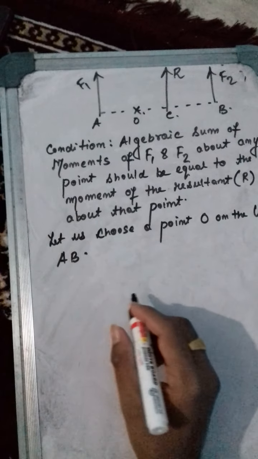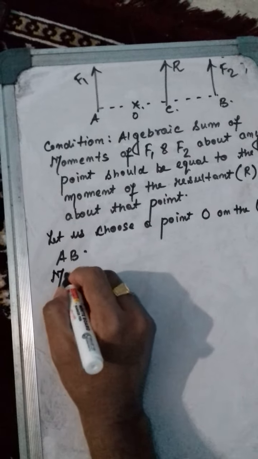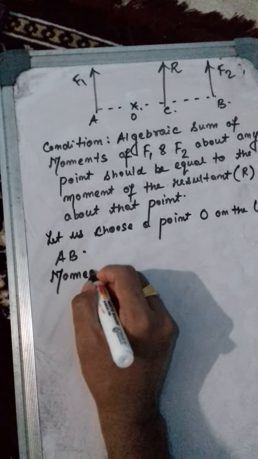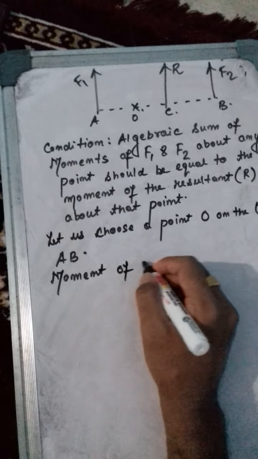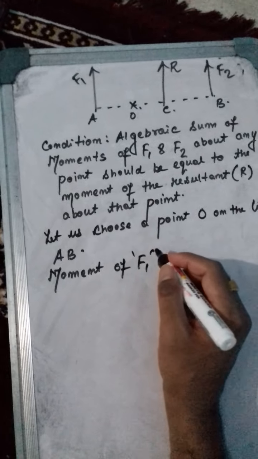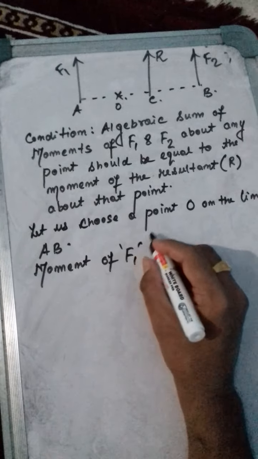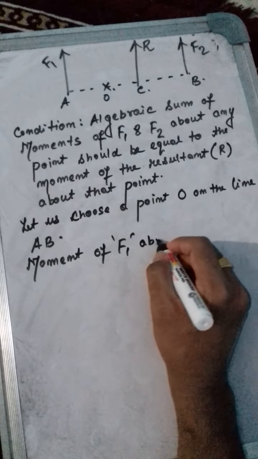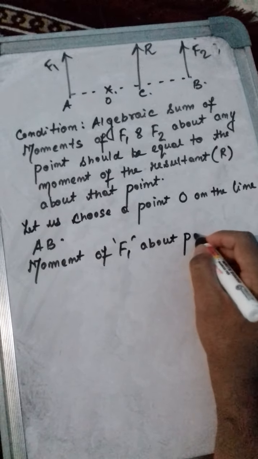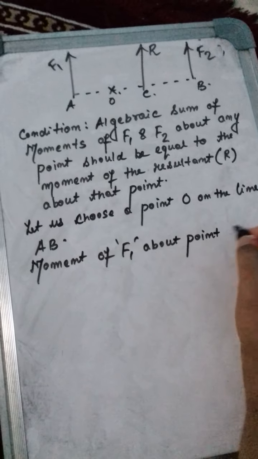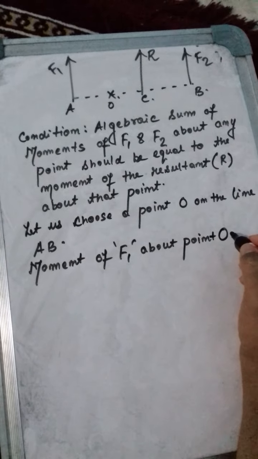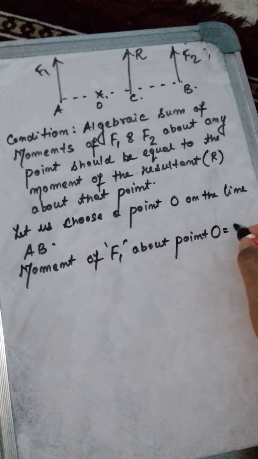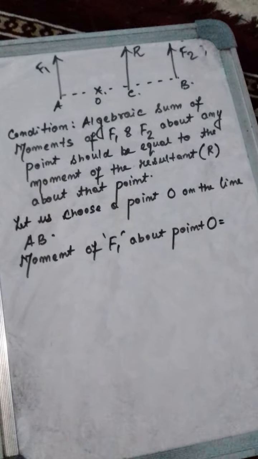Now write down the moment of F1, that is the first force, about point O. We know that moment is equal to force multiplied by the distance.